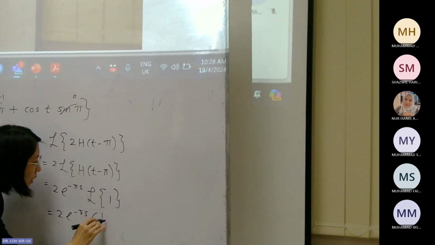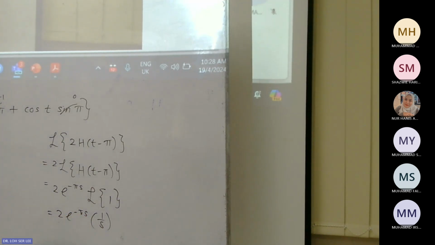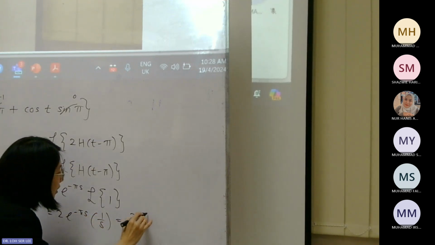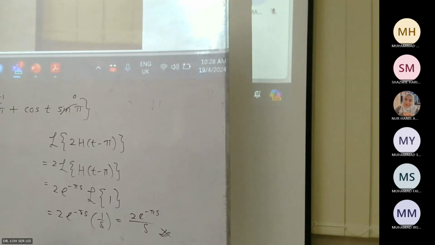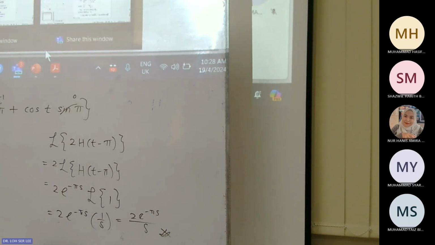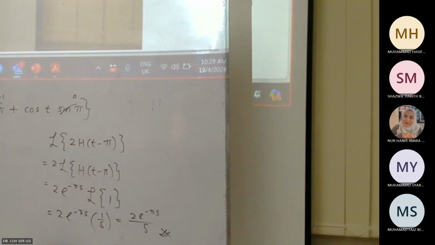So Laplace of 1 is 1 over s. The answer is 2e to the negative pi s over s. This is the simplest unit step function, the one without t, so this one is much easier, because you don't have to change the t from the function.